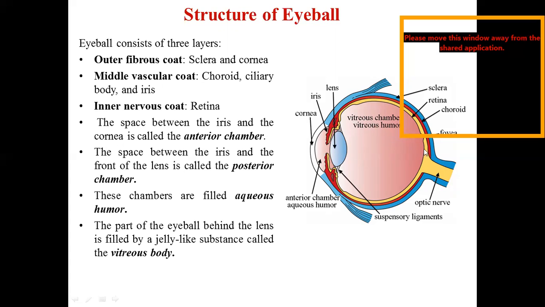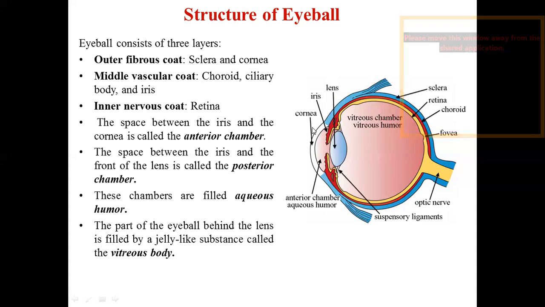And the inner nervous coat, the yellow color you can see, is the retina. It is made up of nervous cells, so it is known as the nervous coat. The space between the iris and the cornea is known as the anterior chamber, which is filled with aqueous humor.